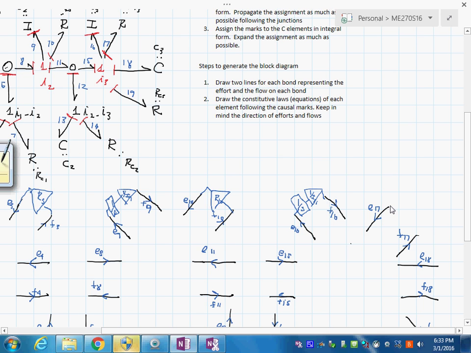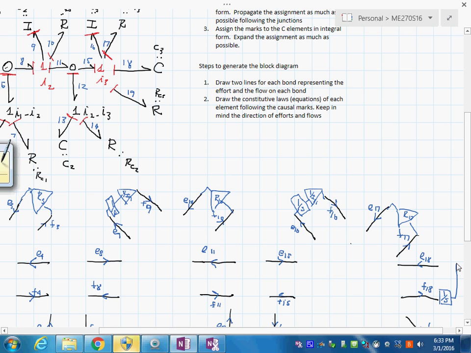This is 1 over s, and then it has to be multiplied by the gain in here. We need to erase this. That is not quite right. Okay, so this gets multiplied by C13, and comes out like that, right?